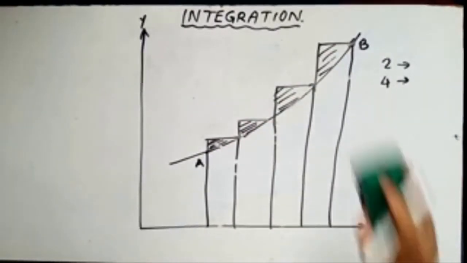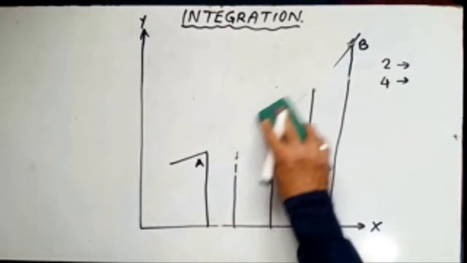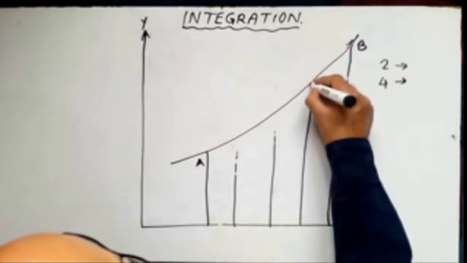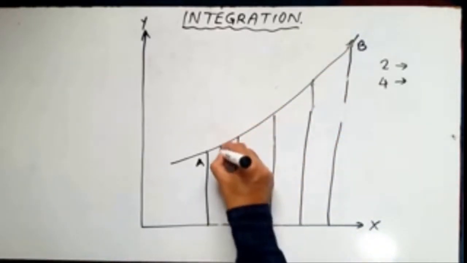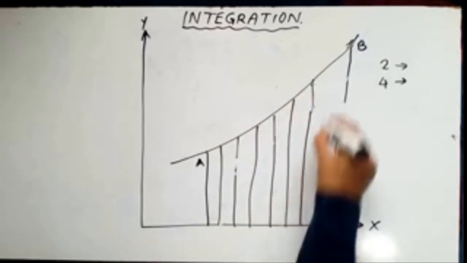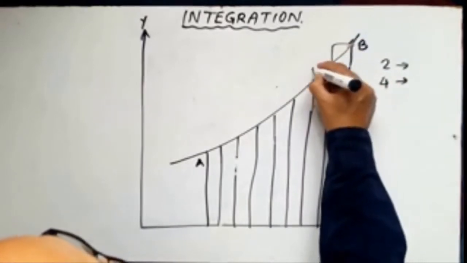What happens if we increase again? Let's increase the number of rectangles now. The same curve remains. This was four rectangles. Now let's divide this into, let's say, 8 rectangles.